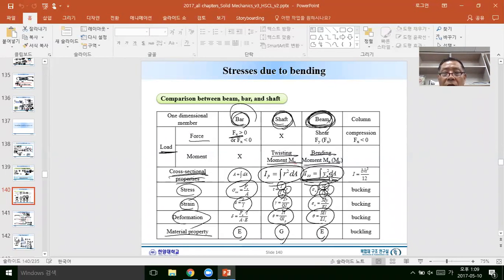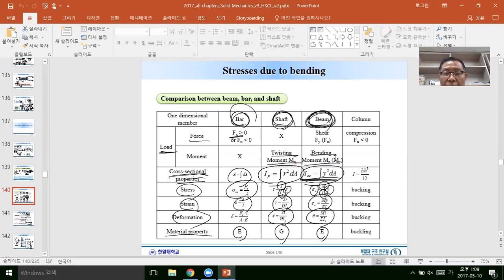That is the cross-sectional property. And stress is the moment divided by I times y, and strain is simply that divided by E. And deformation, which I think is the most important, is theta, the angle of rotation, where we apply the moment, L divided by EI, and the material property is E.